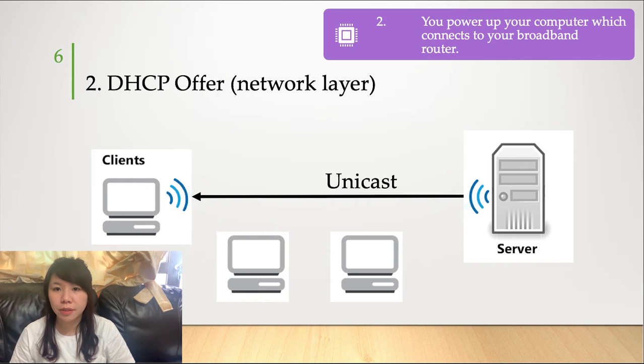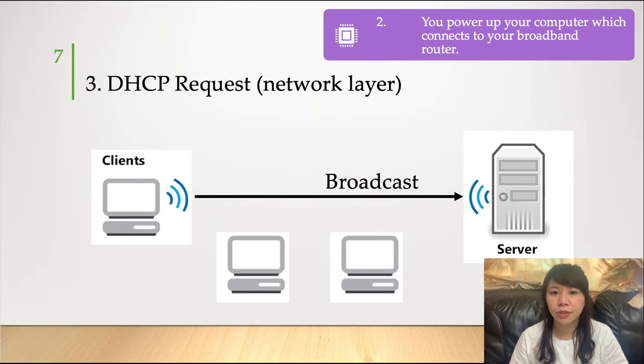When the server receives the signal, it will respond and the DHCP offer is sent to clients through unicast. After receiving the DHCP offer, the client can reply with a DHCP request message to request the offered address.